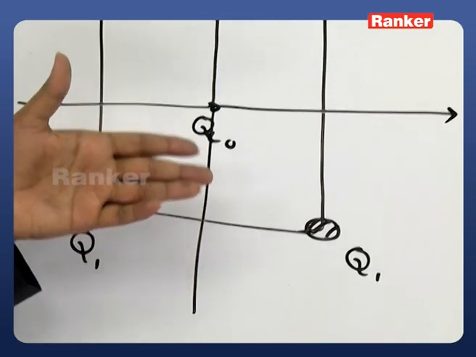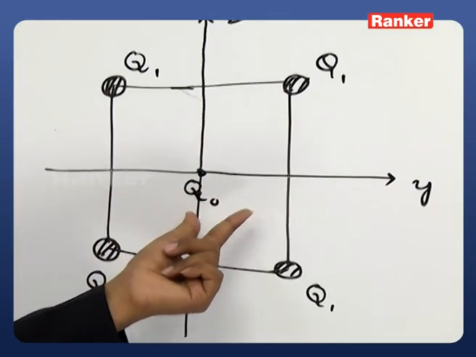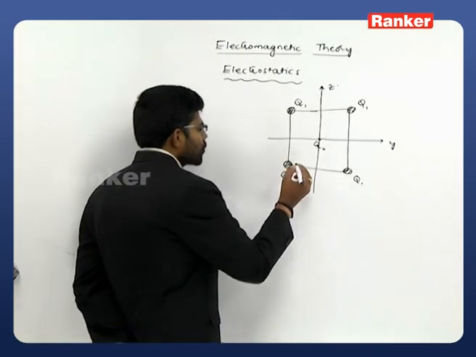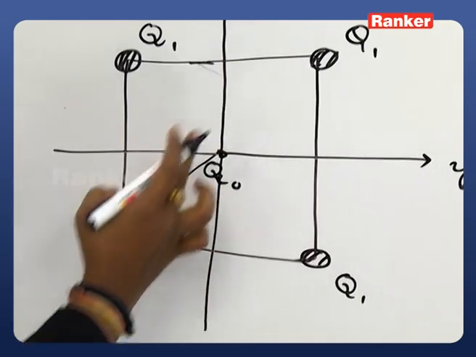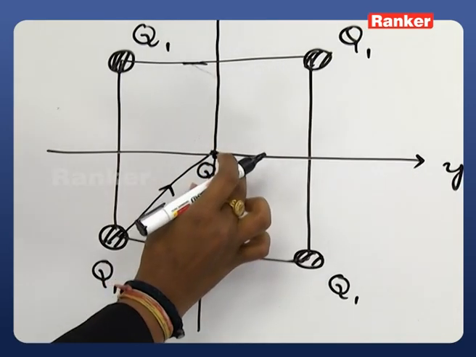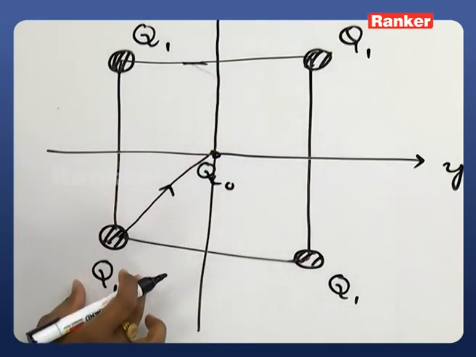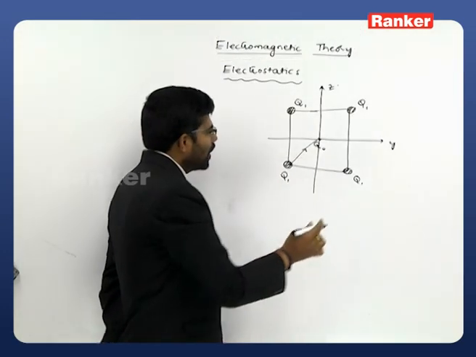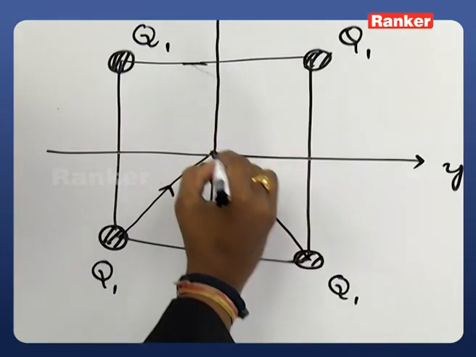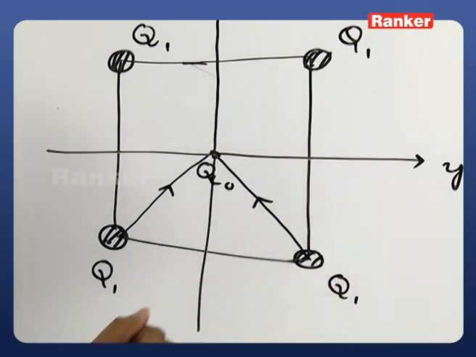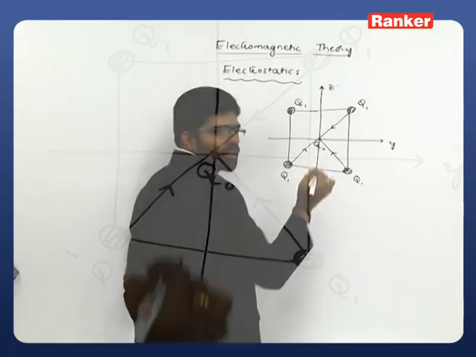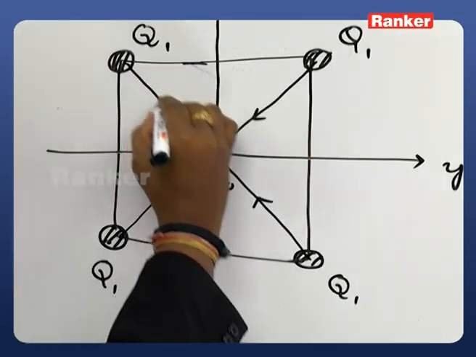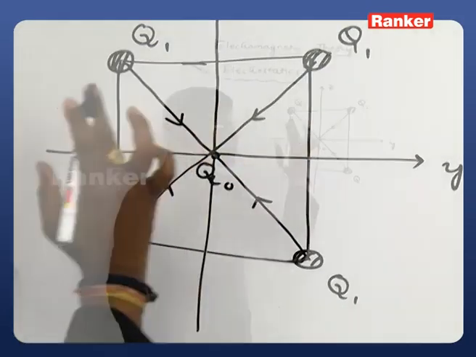Now, how to obtain the total force which is acting on this particular charge q naught? As per our superposition, take the force in this particular direction, that is the force acting on charge q naught because of this charge q1, and the force acting on the same q naught because of this charge q1, the force acting on q naught because of this charge q1, and the force acting on q naught because of this charge q1.